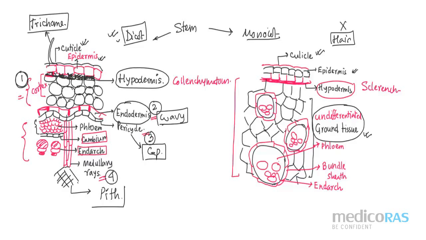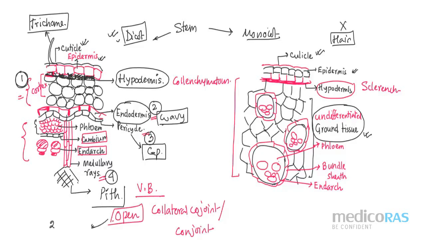So the vascular bundle in case of dicot is collateral, conjoint, and it is open. Open means where we can go for the secondary growth. So please remember, if it is open type, already we have the cambium, but here you can see that this part is considered as the phloem and this part is considered as the endarch, that is xylem.